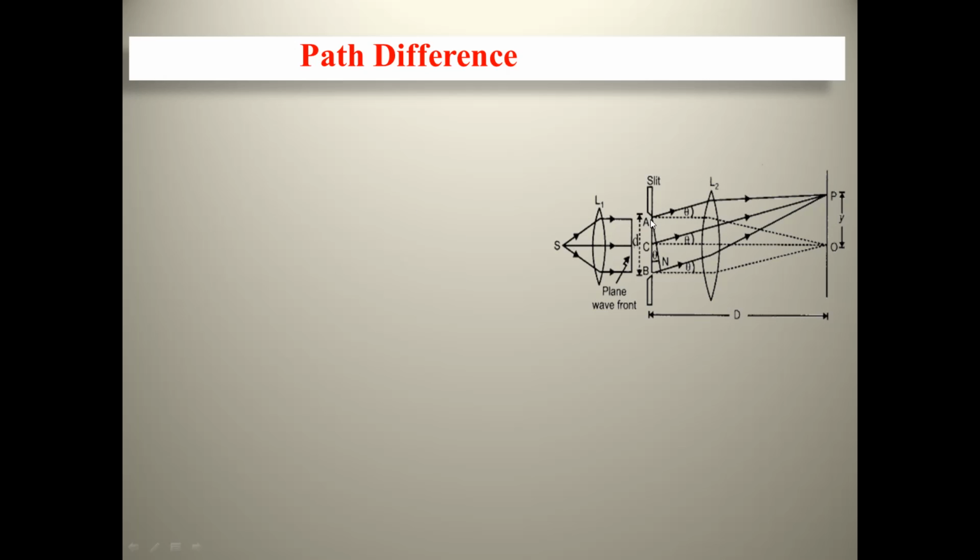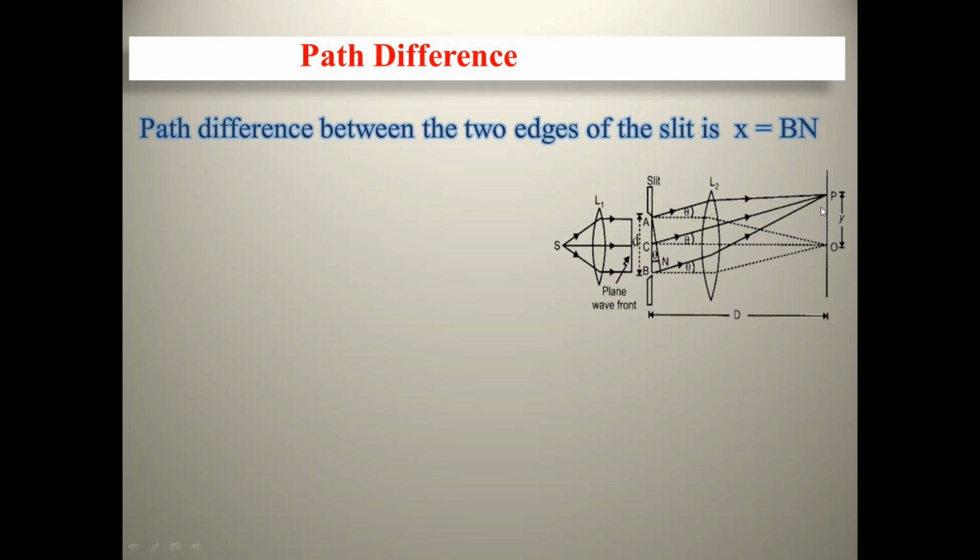Let us find the path difference between the edges of the slit A and B to reach the point P. Let the path difference be x. In order to find the path difference, let us draw a normal AN on BP. The path AP is equal to NP.